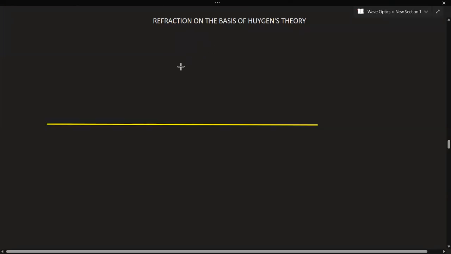Let's say this is an incident wavefront, and name these points B and A. If I draw the secondary wavelets for A and B, instead of getting them on this side, I'll now be getting them over this side. Why? Because this is a refracting surface.